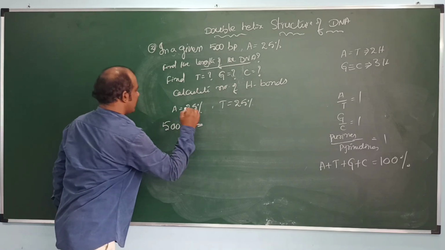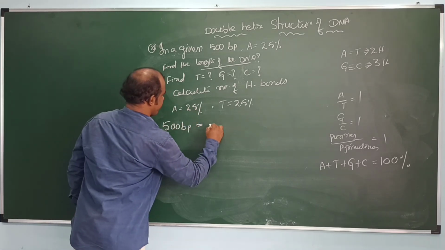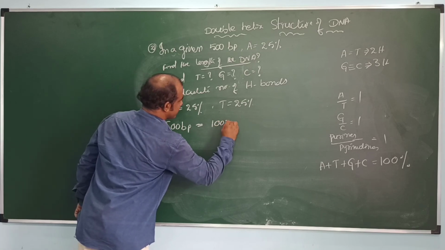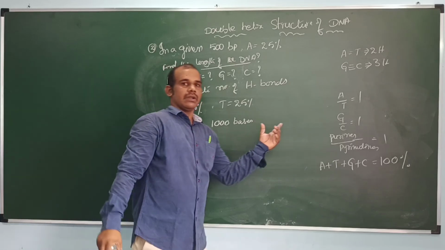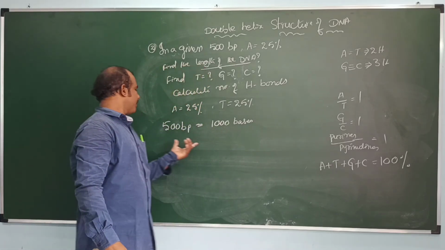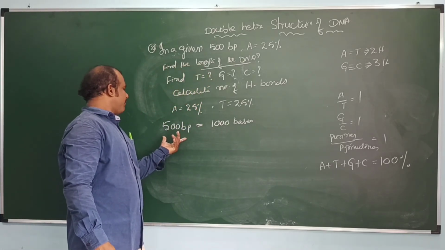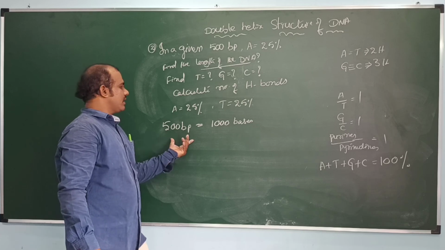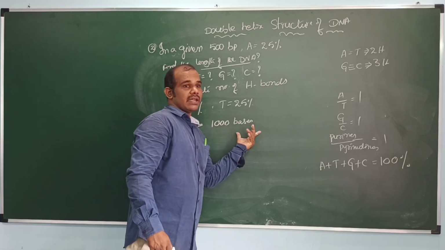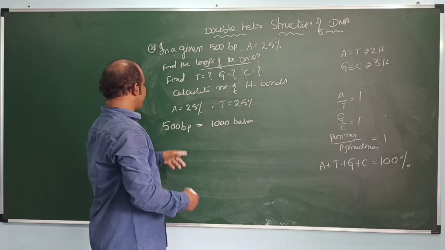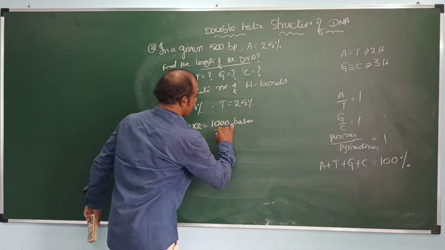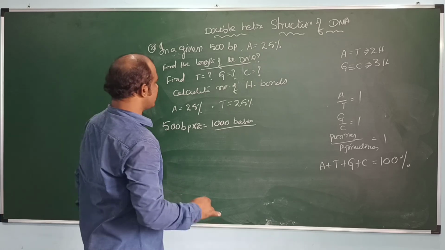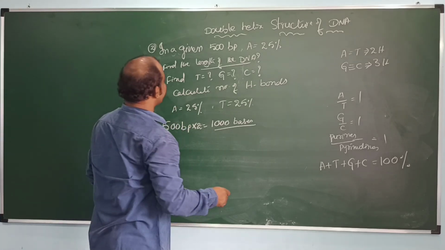According to the Watson-Crick model, if there are 500 base pairs, the total number of bases has to be multiplied by 2. So the total bases are 1000 bases present in the given DNA.